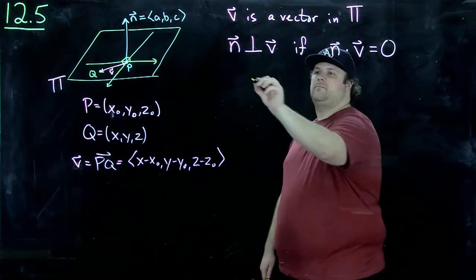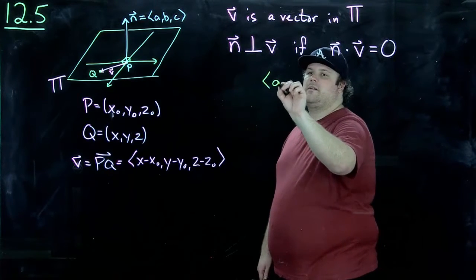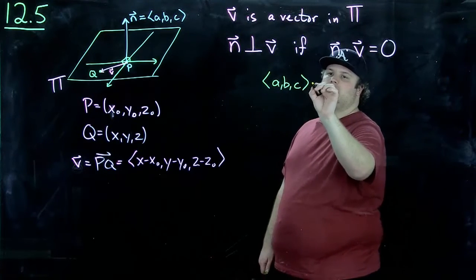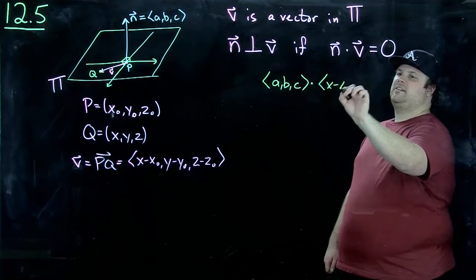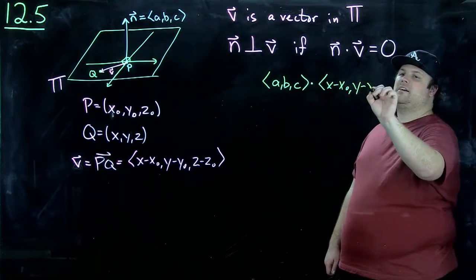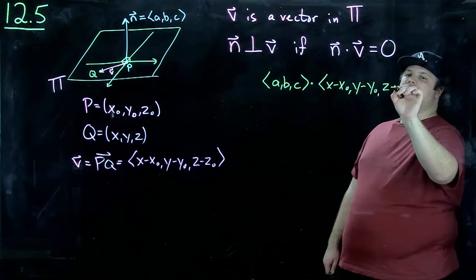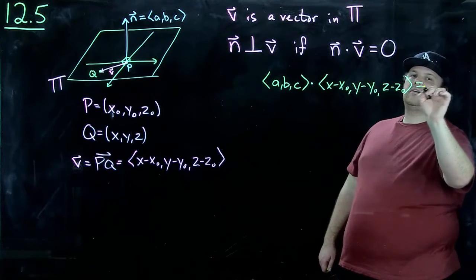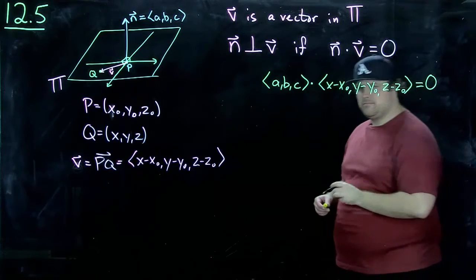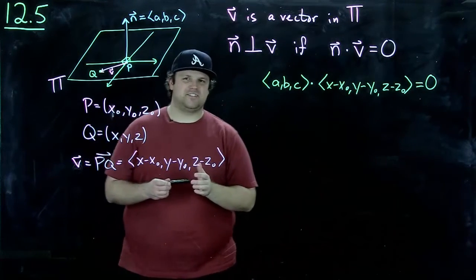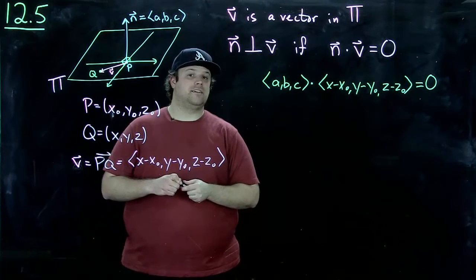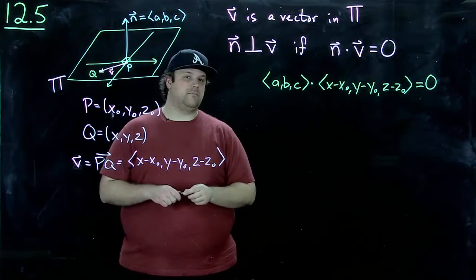So this equation looks like (A, B, C) dot product with (x minus x naught, y minus y naught, z minus z naught), and this has to be 0. Okay, this is a good spot. All right, so we have this equation here.